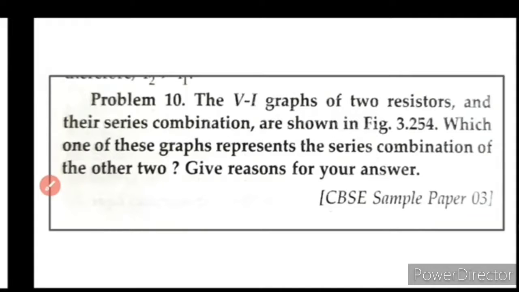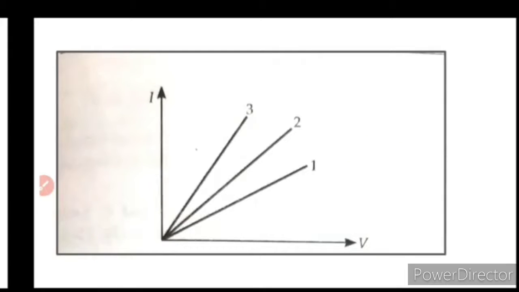Now the next question. The VI graphs of two resistors and their series combination are shown. Which of these graphs represents the series combination of the other two? Give reason. As I said earlier, when resistors are connected in series, the effective resistance increases. But here it is given reversely, that means I is along the y-axis.